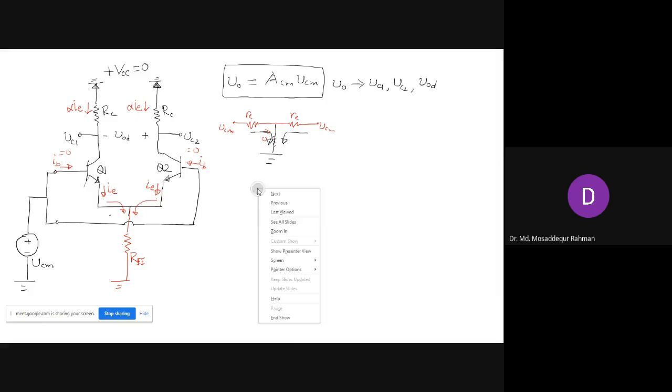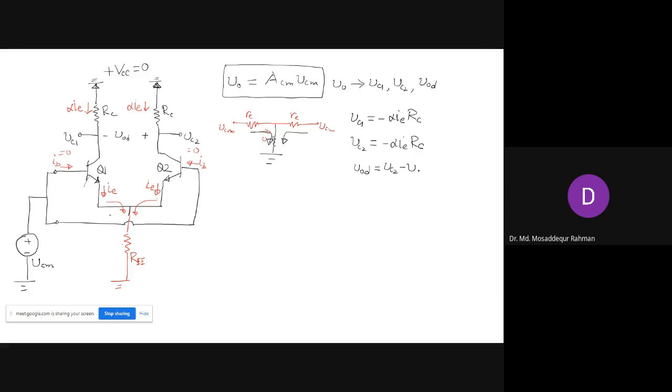And then we can write that VC1 is minus alpha IE RC, and VC2 will also be minus alpha IE RC, and VOD will be the VC2 minus VC1.